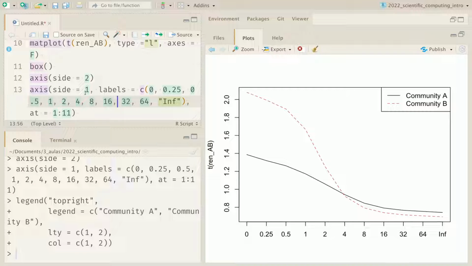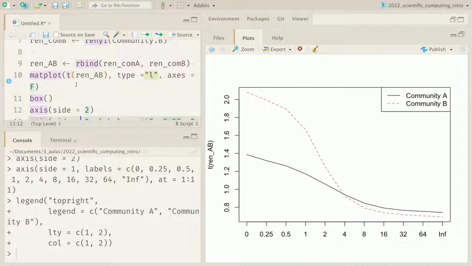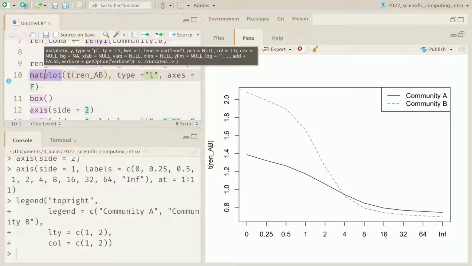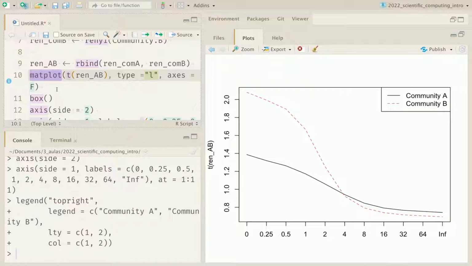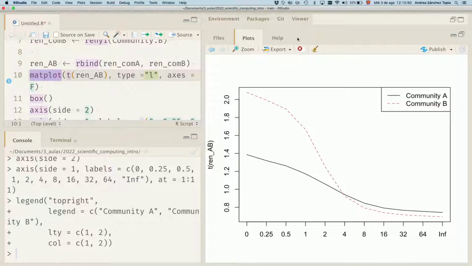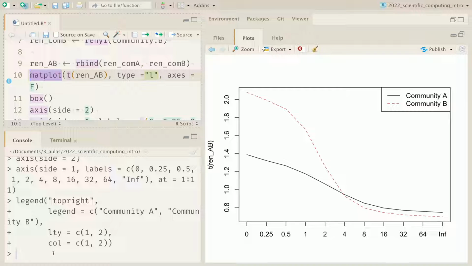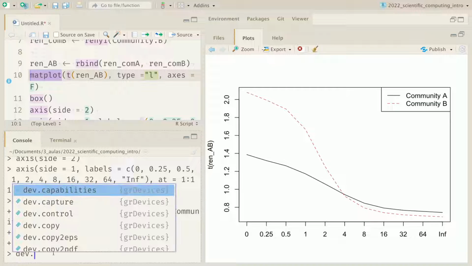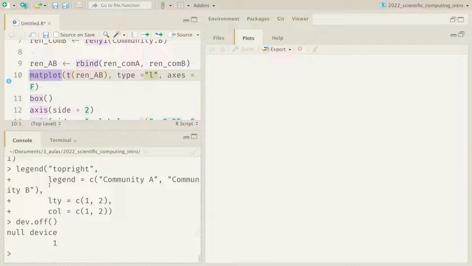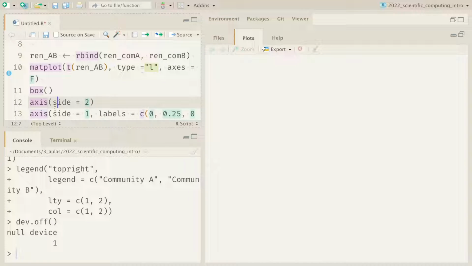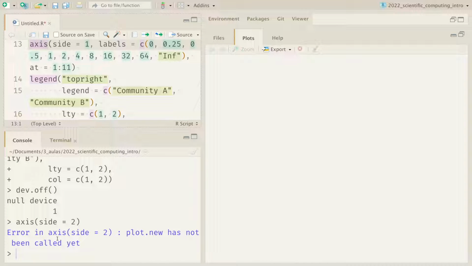One of the things that happens when you plot things in R is that some functions call for new plots. For example, if I close this device with dev.off and execute box, it will tell me error in axis: plot.new has not been called yet, because axis is not one of the functions that calls for a new plot.